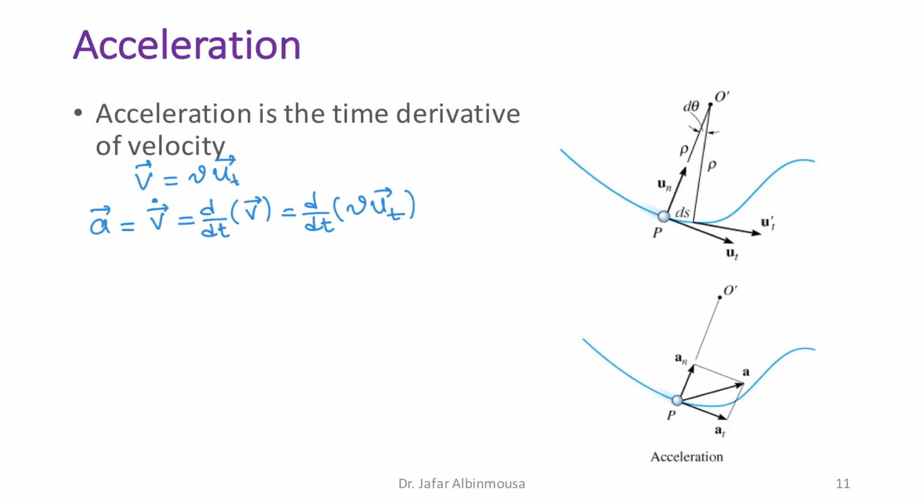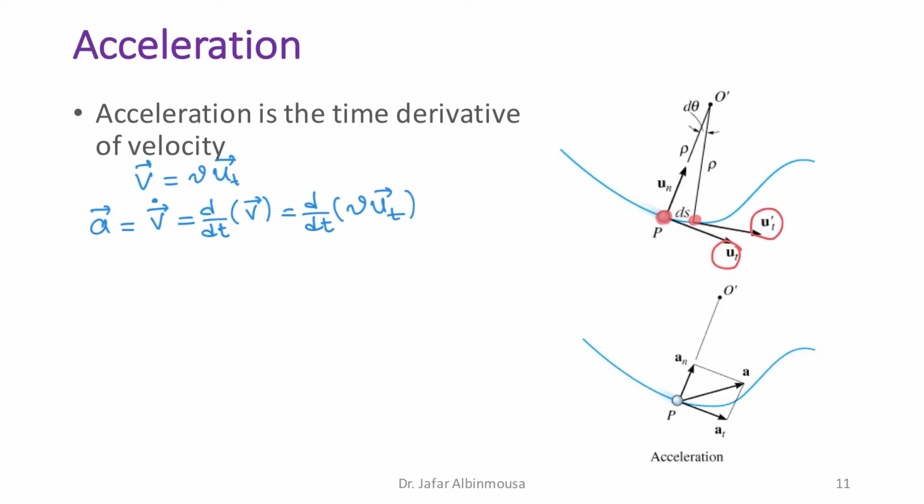If you look over here at this graph, when the particle is at this location, it has ut pointing in this direction, a unit vector tangent to the path. But when the particle moves to this point, as you see, it has a different tangent.